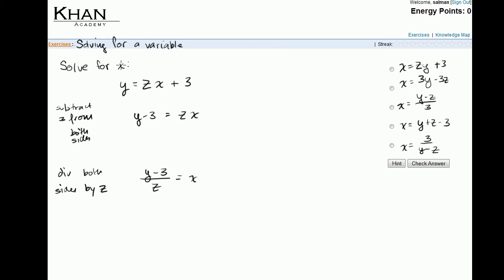It could be solve for z instead, or you could have this exact same problem, but replace y, z, and x with a, b, and c, just so that there's some variety. We can also give more involved problems.